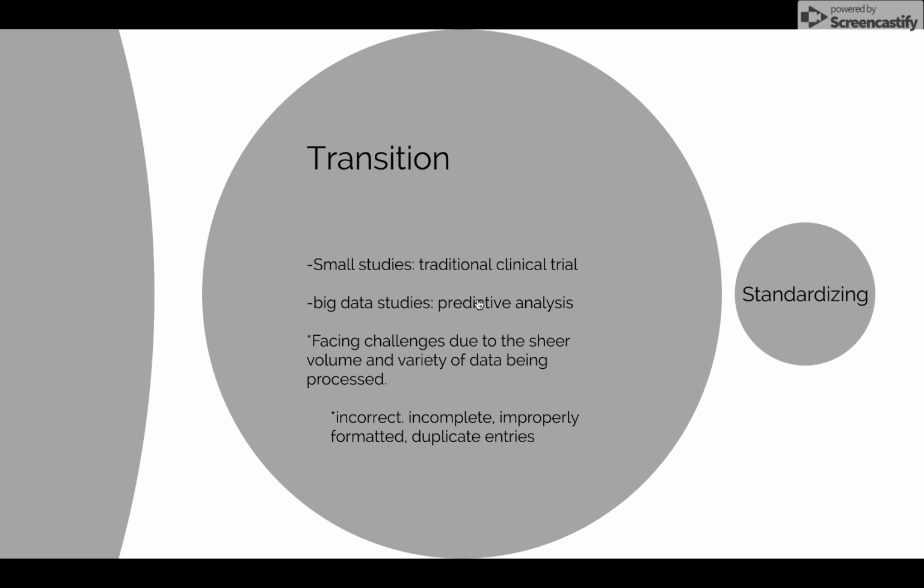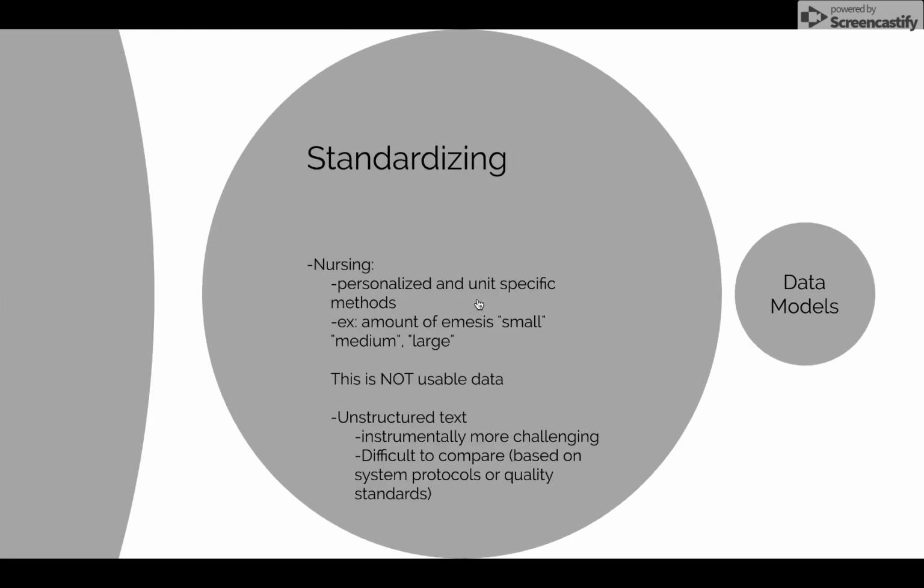When these searches are being pulled, it's just bringing up tons of data, and it all has to be ciphered through just to make sure that it's all equal and relevant and not duplicated. So sometimes they're incorrect, incomplete, improperly formatted, or duplicated entries, which makes these big data studies a little bit harder to do. So it's going to be really important to standardize.